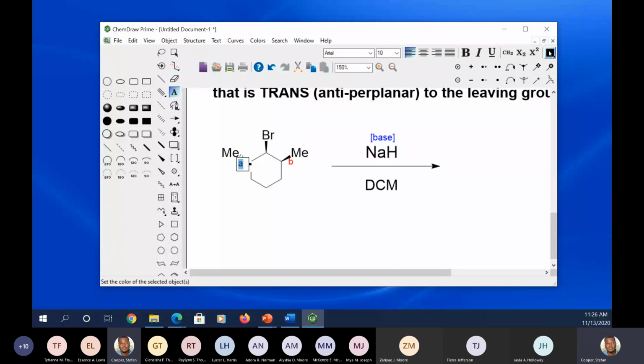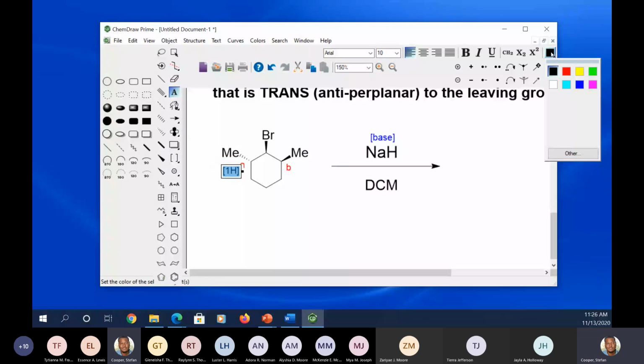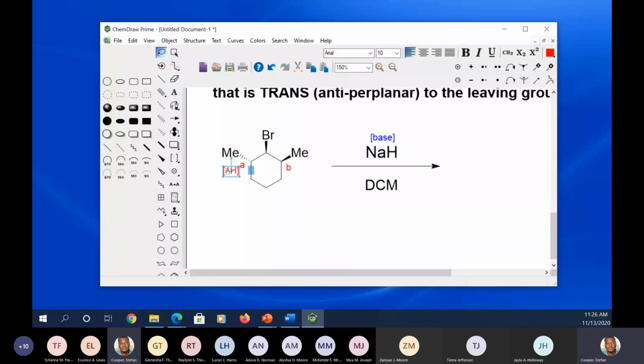So how many protons on side A here? Two. All right, one more time. How many hydrogens on side A? One. There's only one hydrogen here, right? Good. And how many hydrogens on side B?